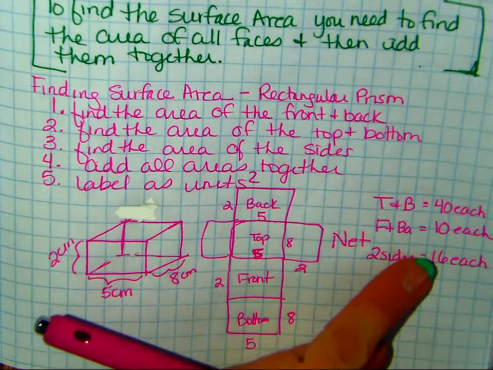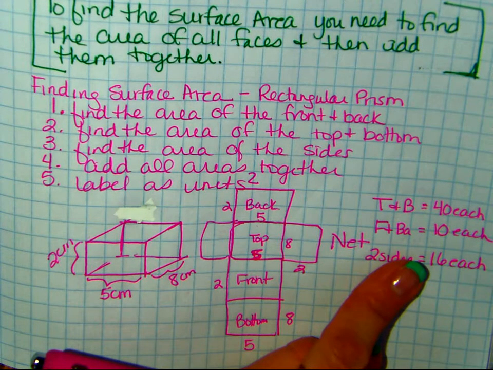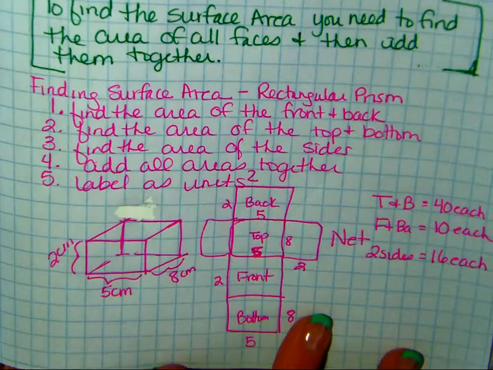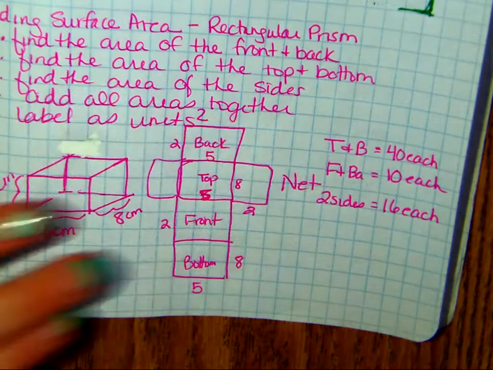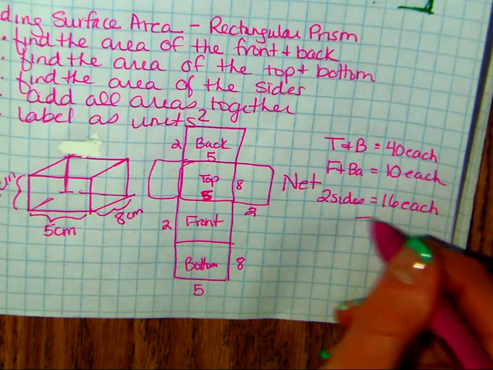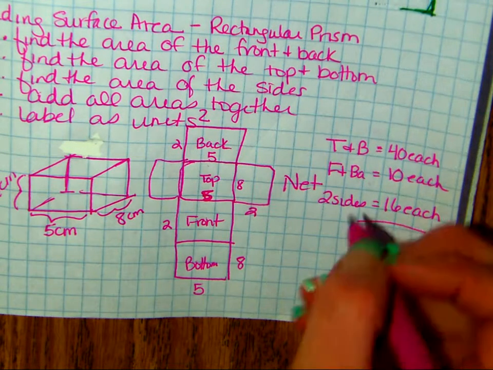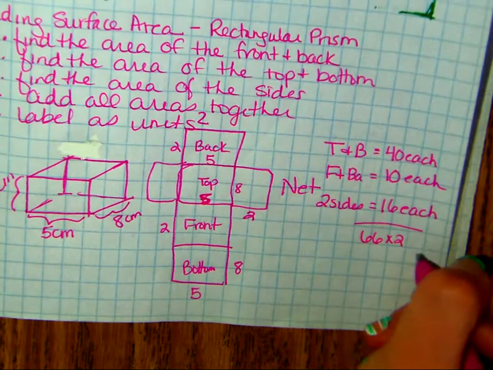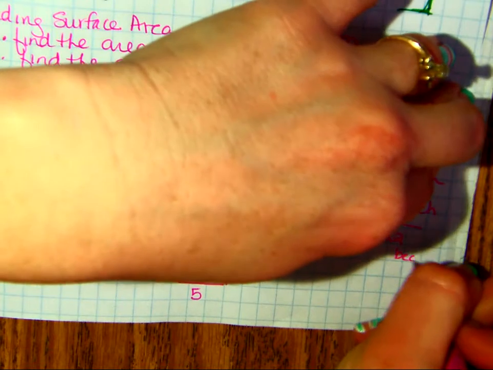If there's 2 of each of these, couldn't we add them all up and then just multiply by 2 in order to get the answer for the total shape? Would that work, guys? Okay, so what's 40 plus 10? 50. What's 50 plus 16? 66. We need to multiply it times 2 because there's 2 of each.